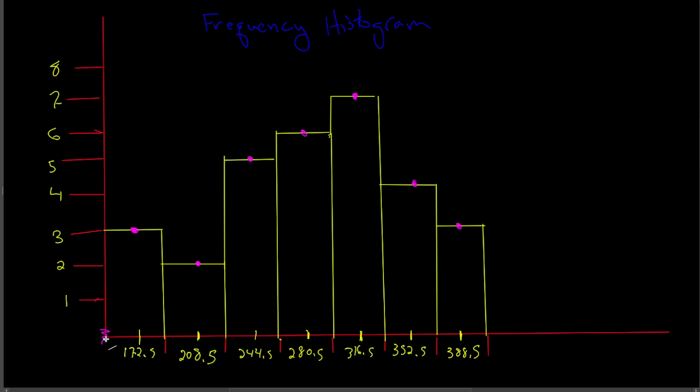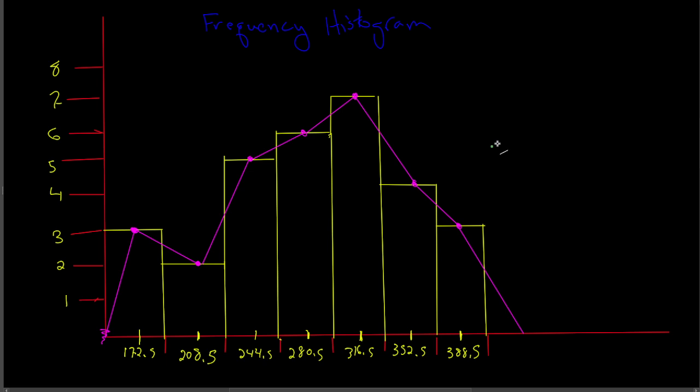I have 0 values and I rise up to 3. Then from 3 I go down to 2. And playing connect the dots here. And then when we leave, it goes down to 0. And this connection of lines is called a frequency polygon.